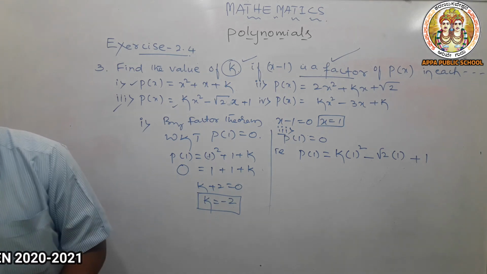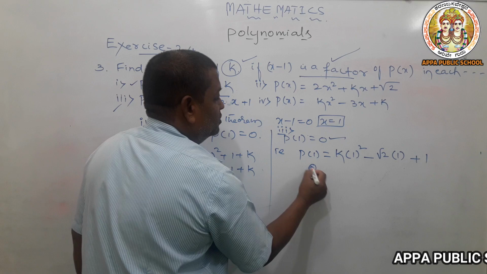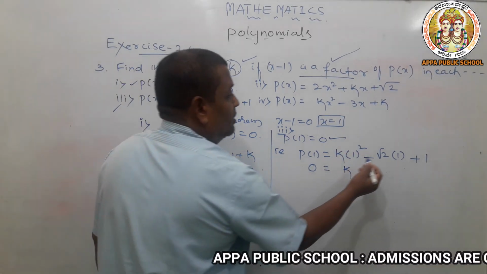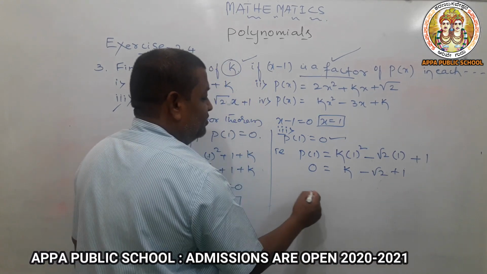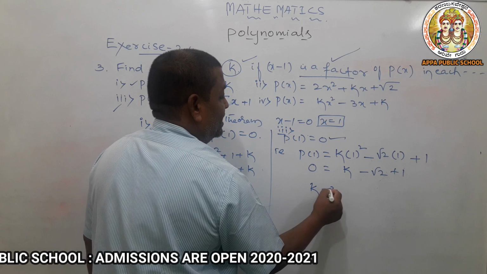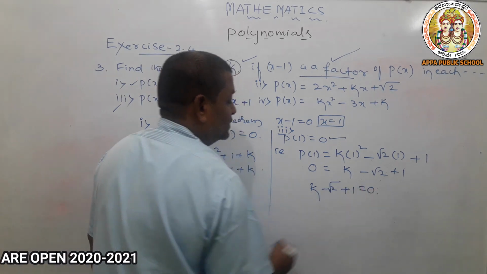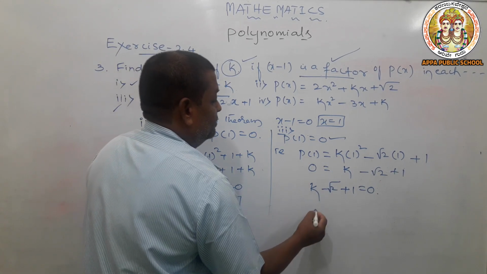Already we know P of 1 is equal to 0. This is k, 1 square means 1, 1 into root 2, plus 1. As usual, rewrite it like this. Just change the side.